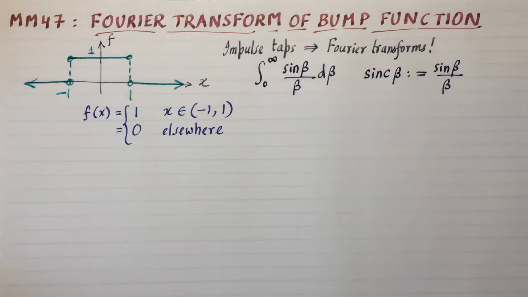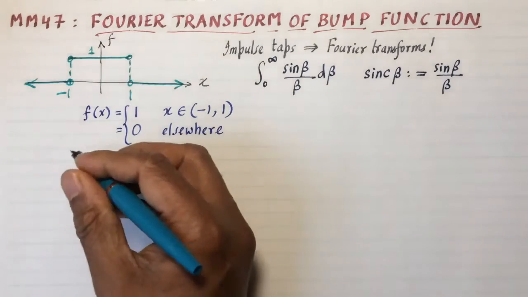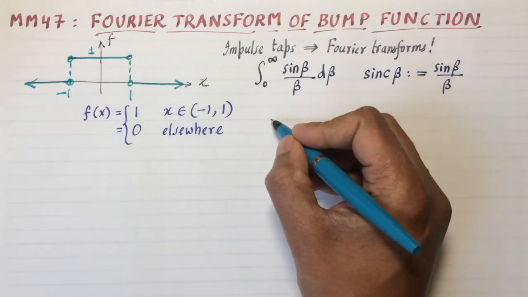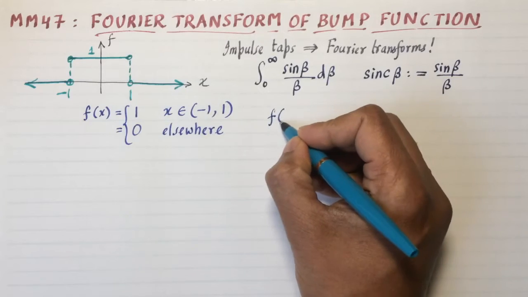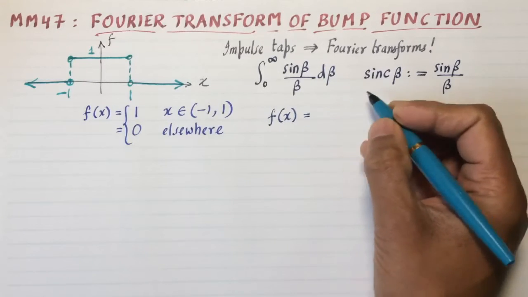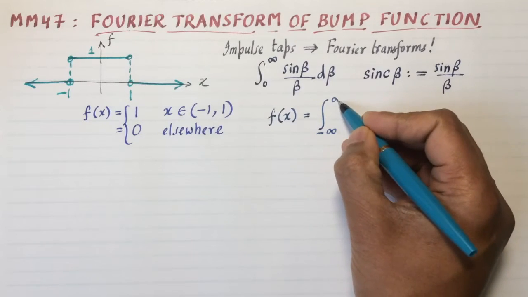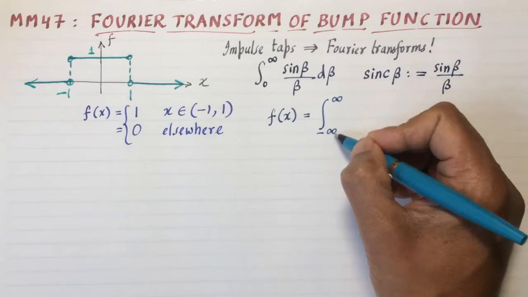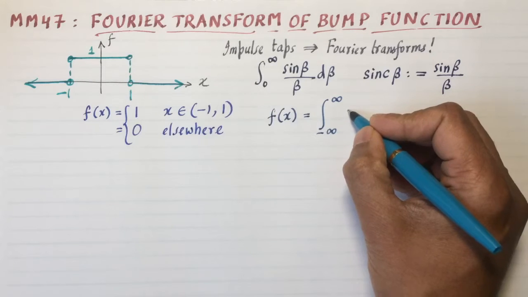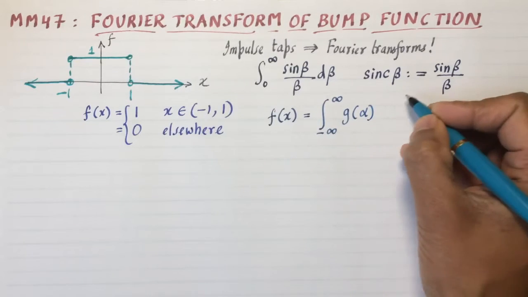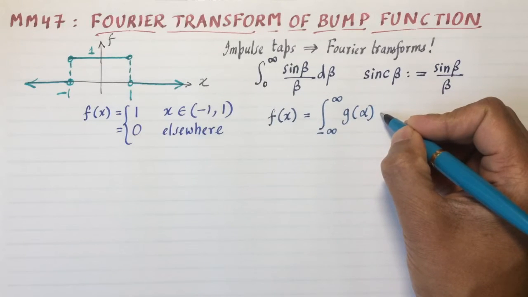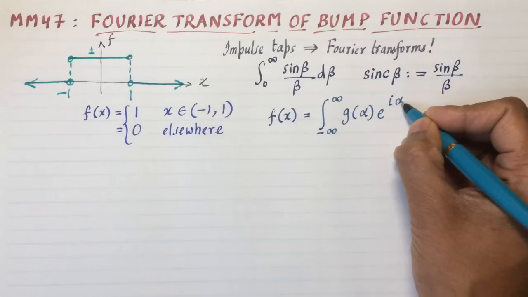Now all we need to really do is evaluate the various integrals involved in Fourier transforms. Remember the basic definition. You're replacing the summation sign with an integral sign. So that's -infinity to infinity. That would be your n variable. Instead of c sub n, you write g of alpha. And instead of e to the i nx, you write e to the i alpha x.